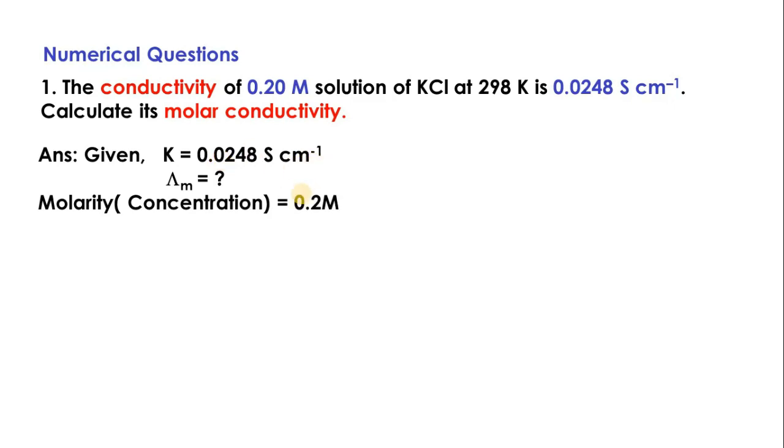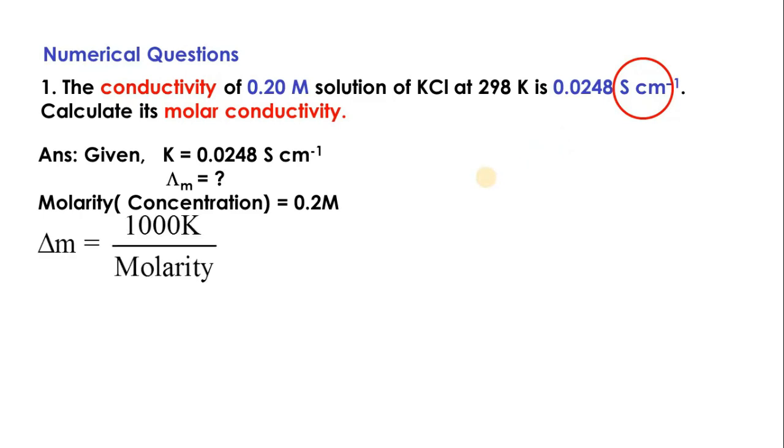Now we have to write the mathematical form that gives the relationship between conductivity K and molar conductivity lambda m. So which mathematical form do we have to write? That is based on the unit of conductivity. Siemens centimeter inverse is given. Then under this condition we can write lambda m is equal to 1000 K divided by molarity, concentration in terms of molarity, that formula.